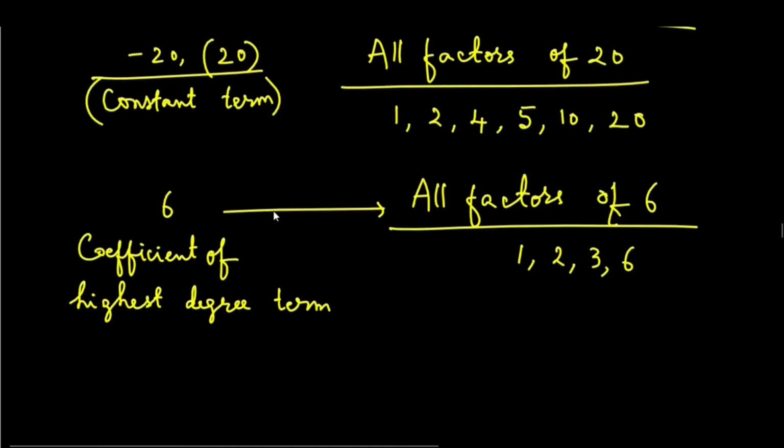Now using these factors of constant term and factors of coefficient of highest degree term, we can find the possible rational zeros of a polynomial.